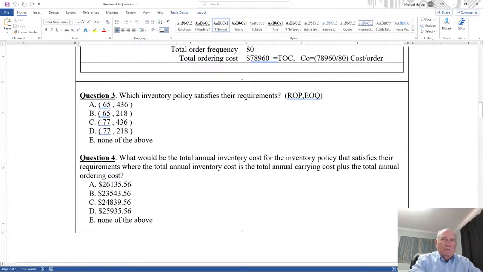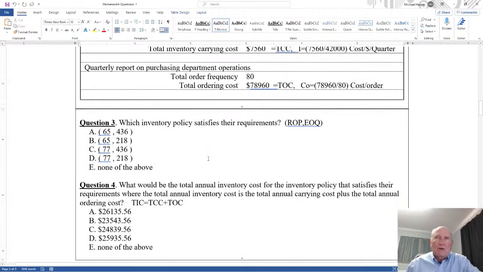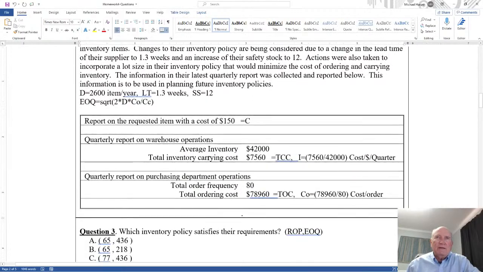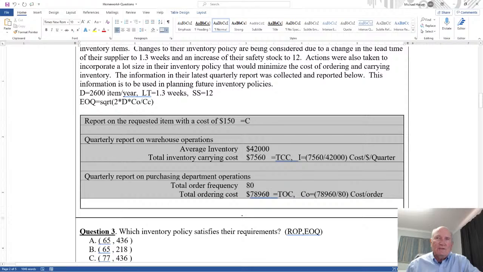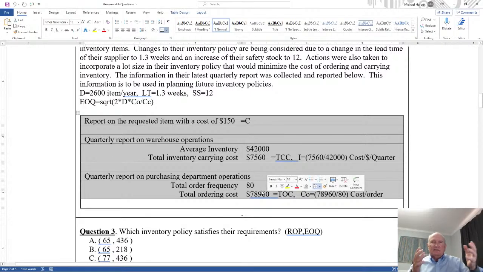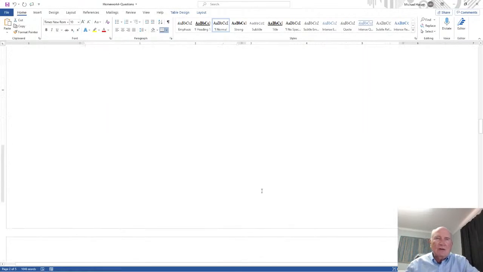Total inventory cost will equal total carrying cost plus total ordering cost. So if you put these in Excel, then you should be able to calculate them from the quiz. The quiz really went through the mechanics of calculations. The whole purpose of Part B here is just pulling them off of quarterly statements and finding these unit costs. Okay, let's go on.